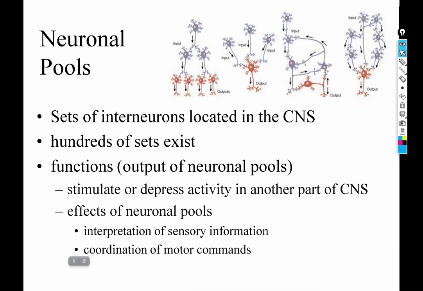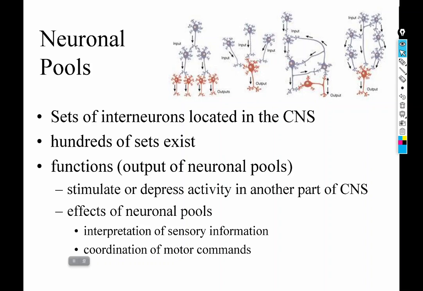The output in general, and of course this is going to be very general, because in order to be specific I would have to talk about the specific function of each individual network or subnetwork of neurons. I'm not going to do that here because this isn't a neuroscience class, so that's beyond our scope.